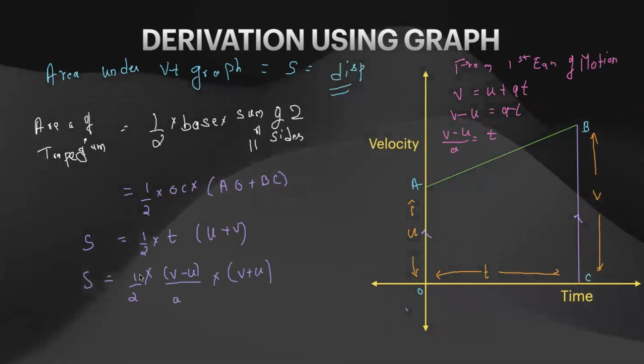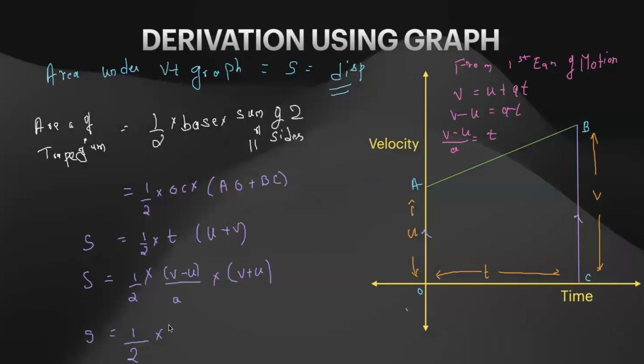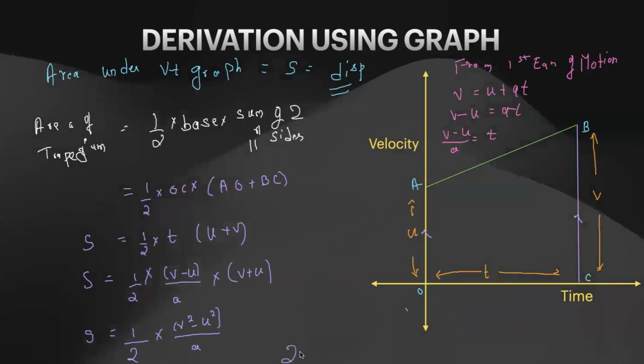Now, do you notice something? V minus U into V plus U is in the form of a plus b into a minus b, which is a square minus b square, which is V square minus U square by A. So cross multiply. So 2AS is V square minus U square.